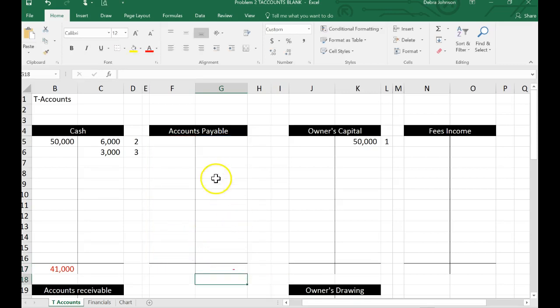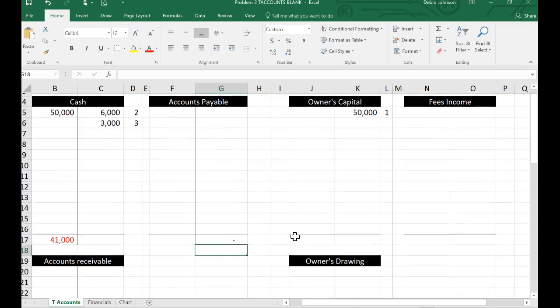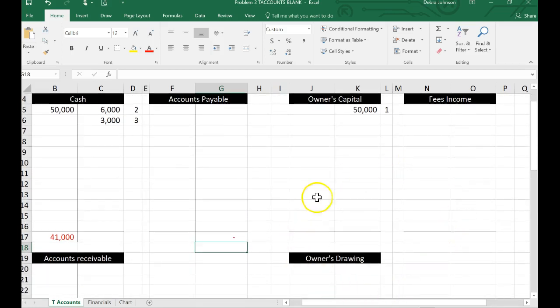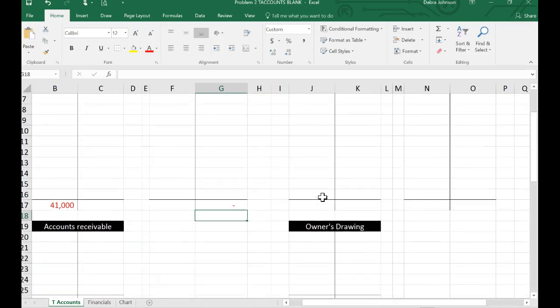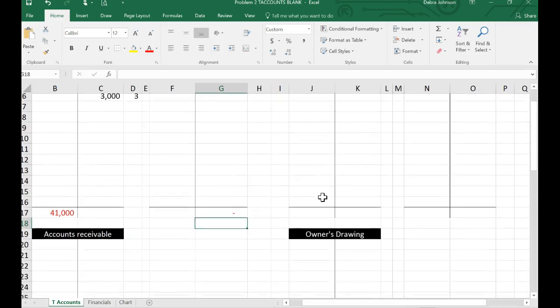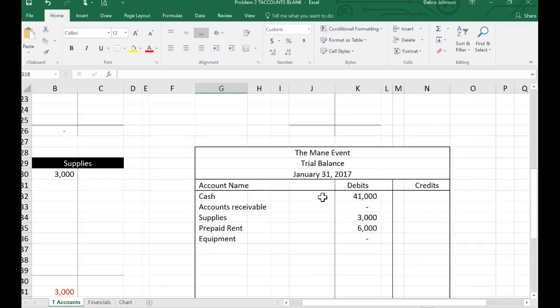And as I fill in the transactions, that total now will automatically update. You're going to do the same type of total with the remaining accounts, remembering what the normal balance of the various accounts are, and you're going to cell reference the totals to this trial balance.